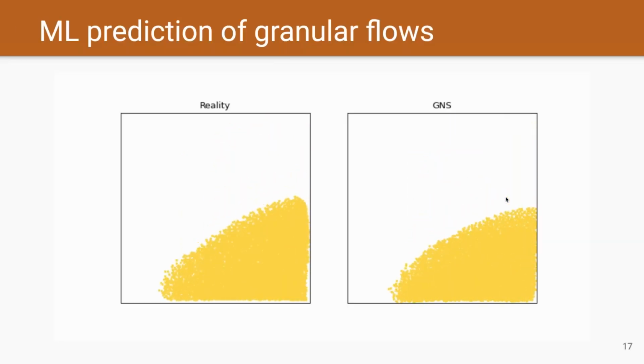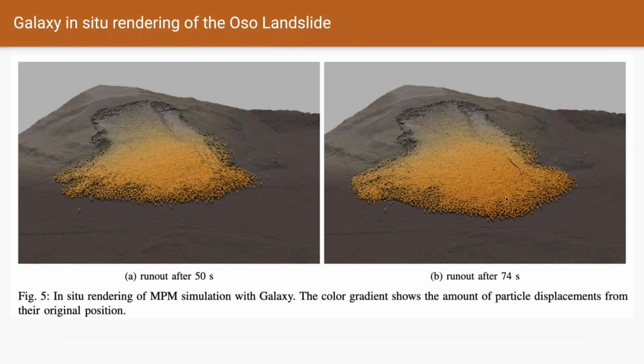The problem is when you're doing these large-scale simulations, we had to do quite a few runs in deciding where to place the cameras because you're doing everything in situ. You're trying to do the simulation and visualization in real time. So maybe our rendering may not be right. We don't know what the maximum runout is going to be. And also, where should I place the cameras because I don't know where the simulation is going to take the landslide runout.